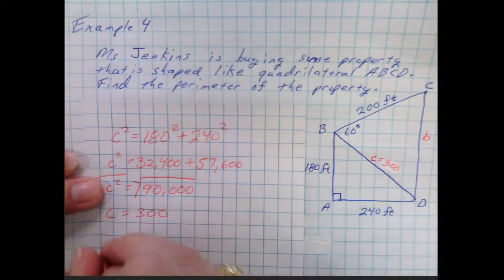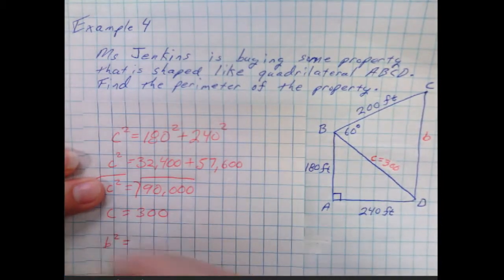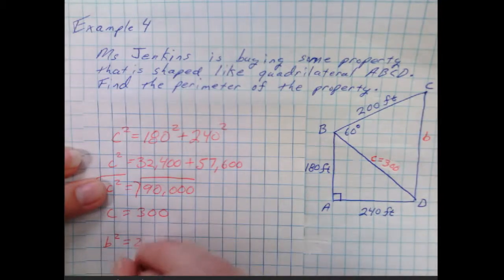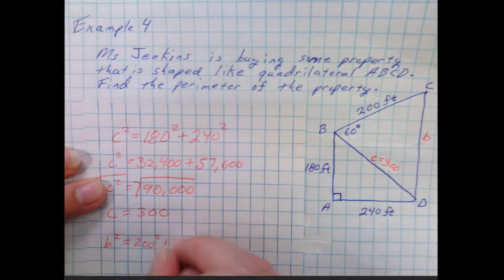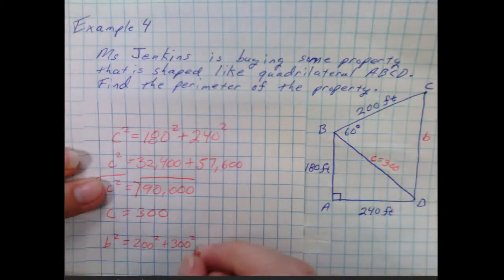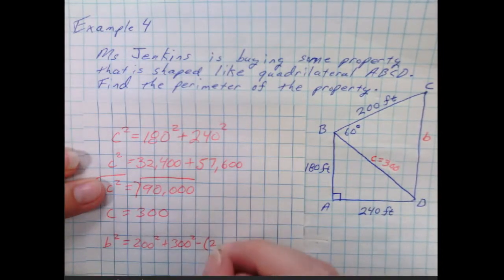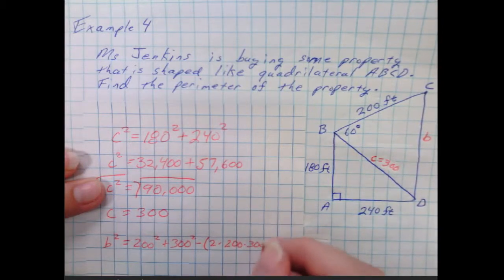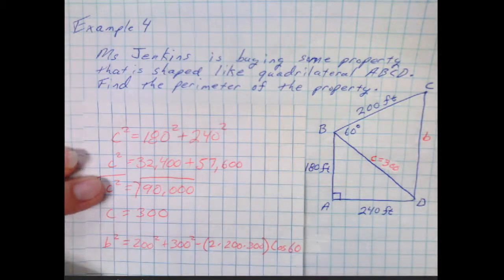Then from there, I'm going to use my law of cosines to find B. So B squared equals 200 squared plus 300 squared, those are my two sides, minus 2 times those sides, so 2 times 200 times 300, and then cosine of 60. I'm going to slide this up.